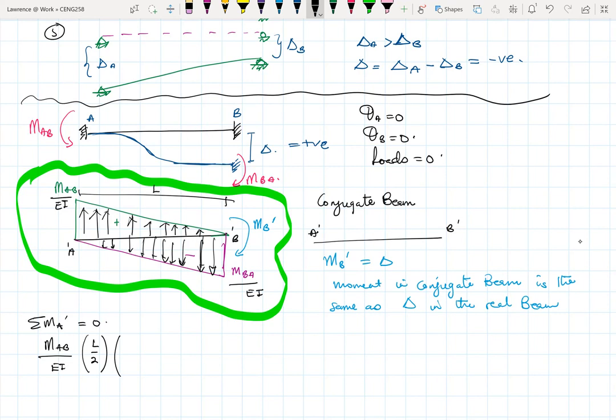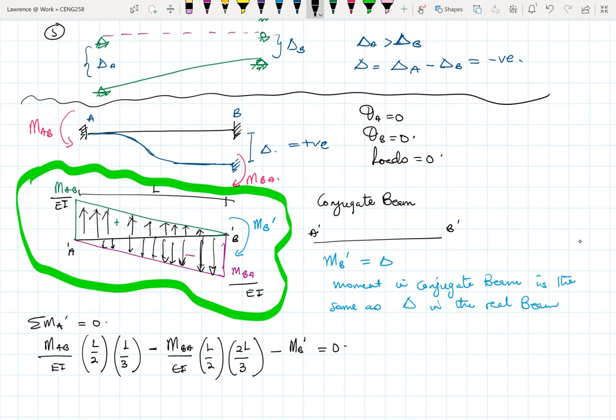So 1 over 3 L, so let's say L over 3. Okay. Then we'll have minus MBA over EI, again times L over 2, then minus MB prime equals 0.